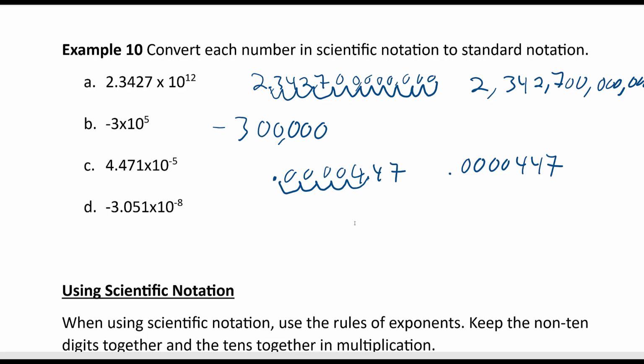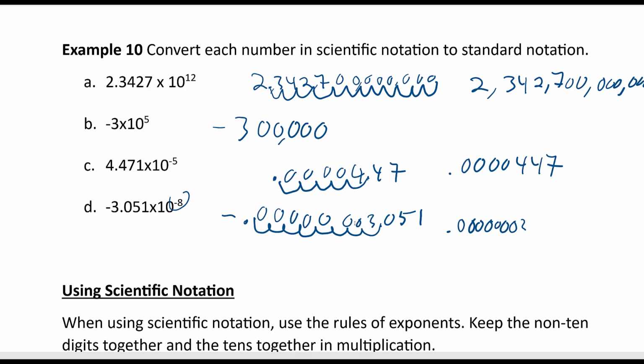The last one, it's going to be this 3.051. 1, 2, 3, 4, 5, 6, 7, 8, because that was a negative 8. And it's negative out front. So it's 0.000003051 with a negative out in front.